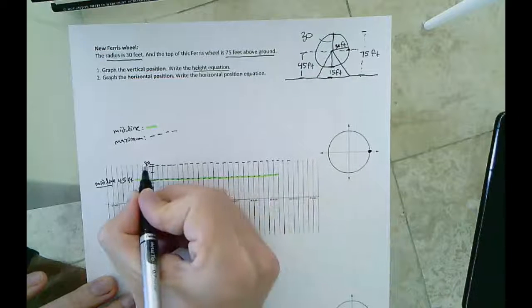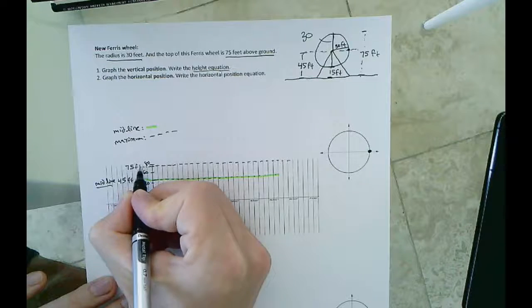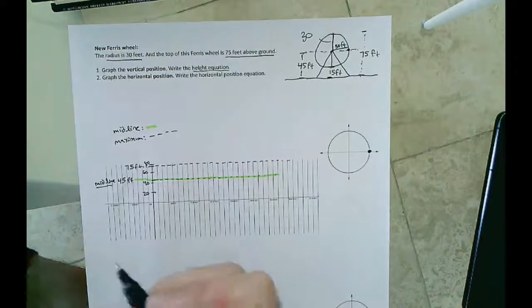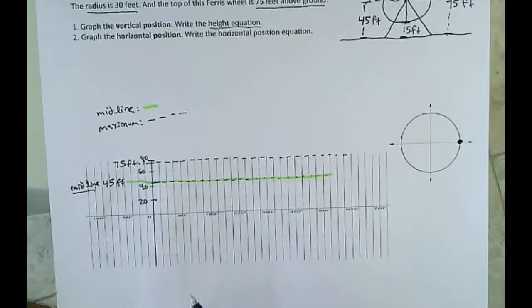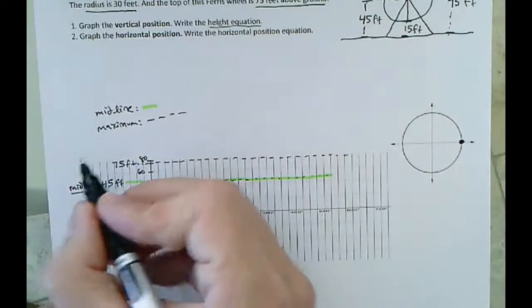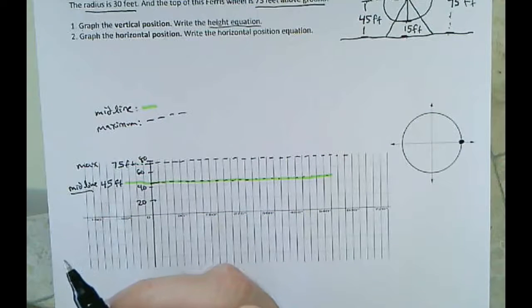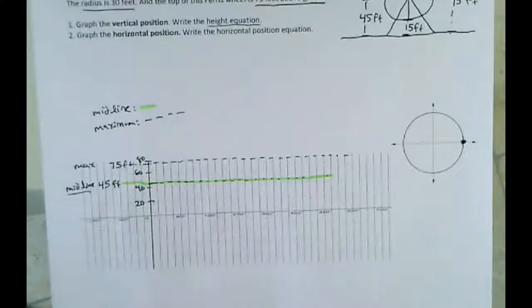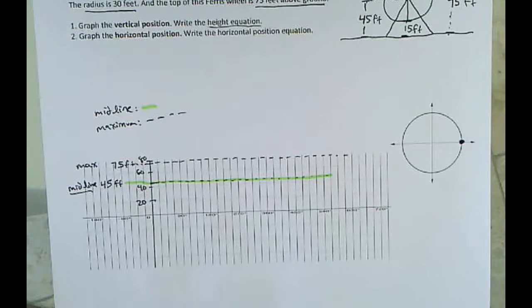I'm going to go this way, 75 feet. And can I zoom in a little bit? Oh, yes, I can. All right, 75 feet right there, and this is going to be our maximum. All right, let's see if I can focus on this. Still pretty bad. All right, so that's going to be our maximum and our midline right there.